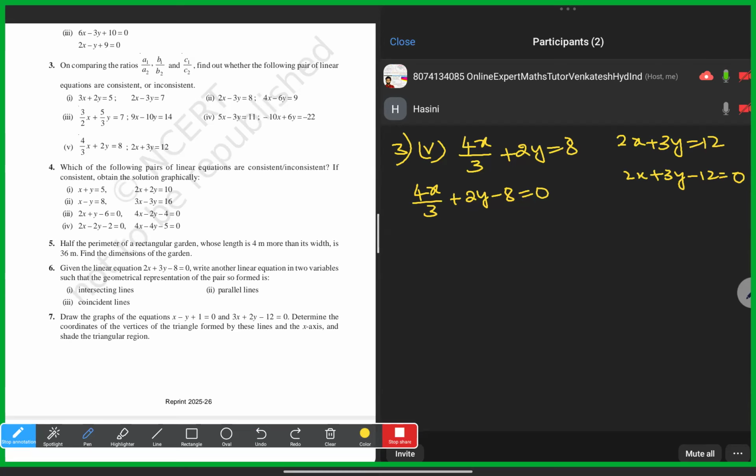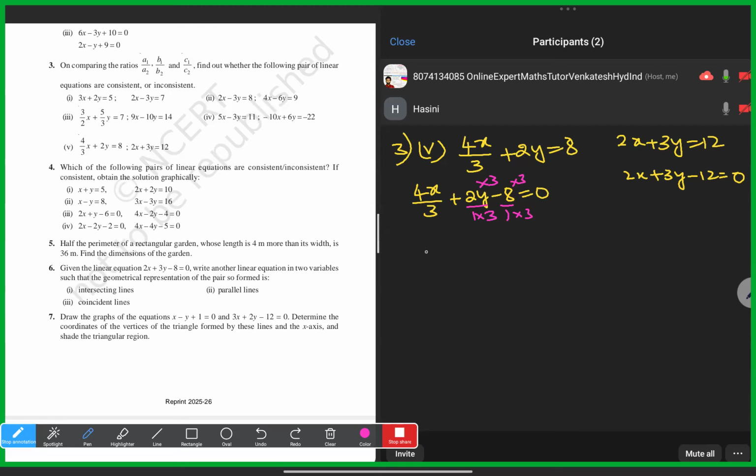Now, Hasni, like I said, some teachers will do it by taking A1 as a fraction only. I'll prefer not to have fractions. If you wish, with fractions also, if you don't get confused, no problem. But I'll take the LCM and make it without any fraction. LCM is 3.